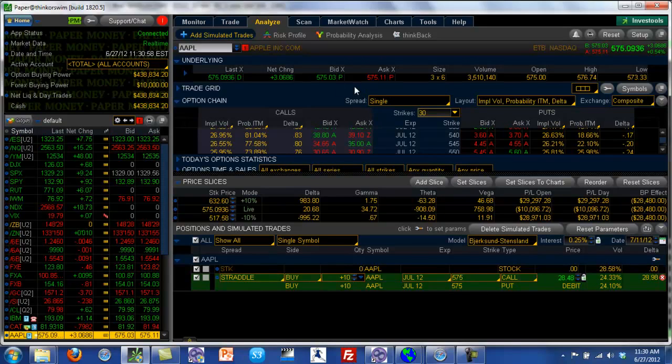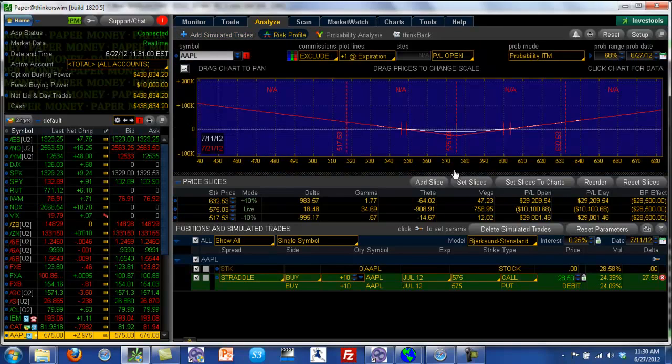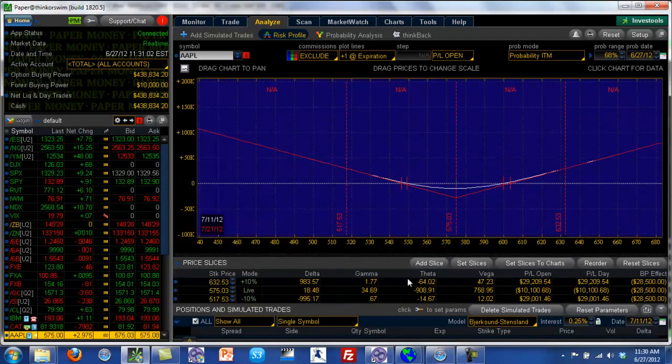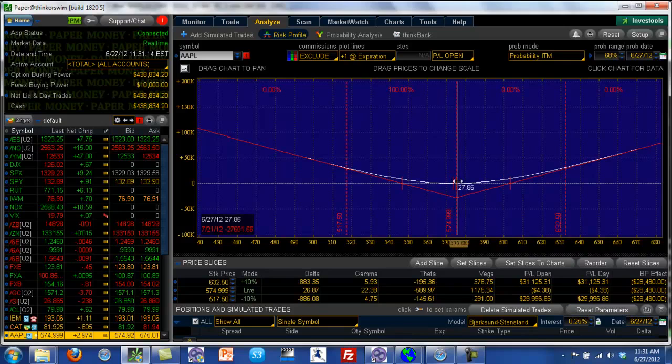But let's look at the risk profile of a straddle. Because you've bought a call and a put, you don't care which way it moves. But in this case, what you want is the movement to happen quickly, because time decay is against you. So every day you hold this position, you're going to lose some value because of time decay.